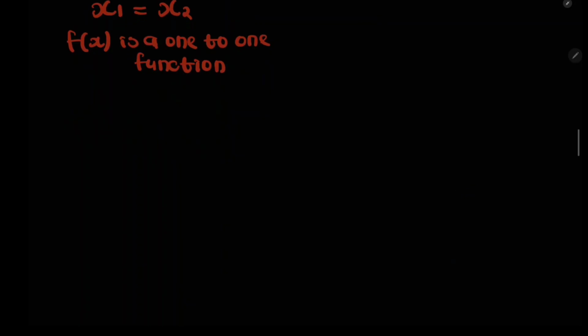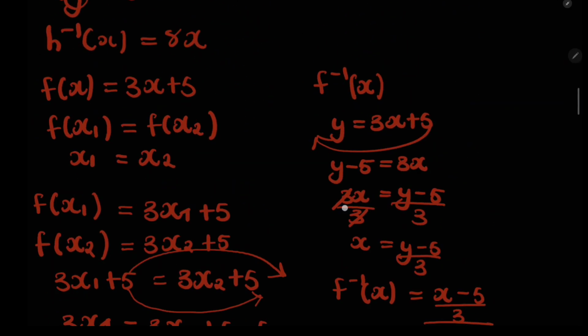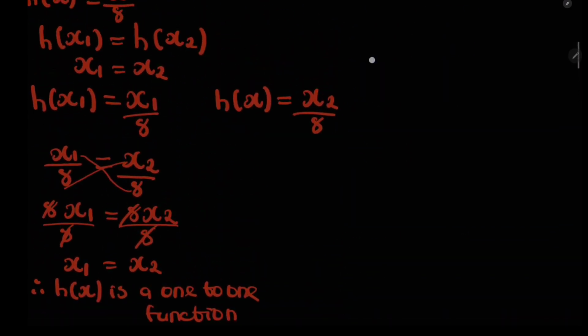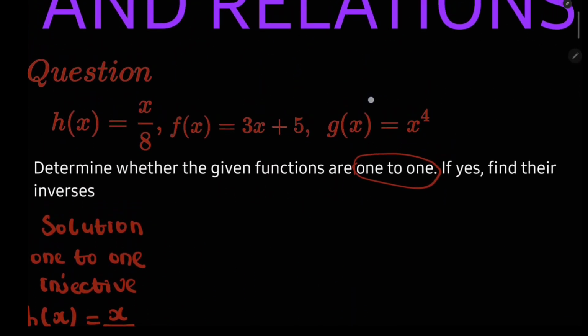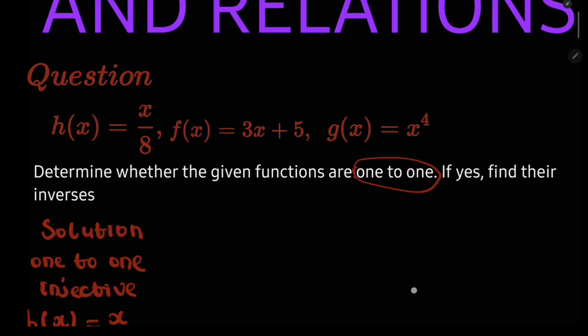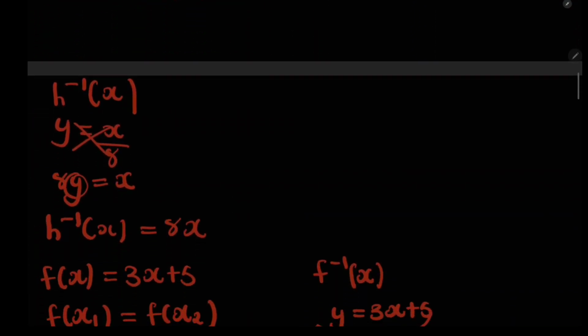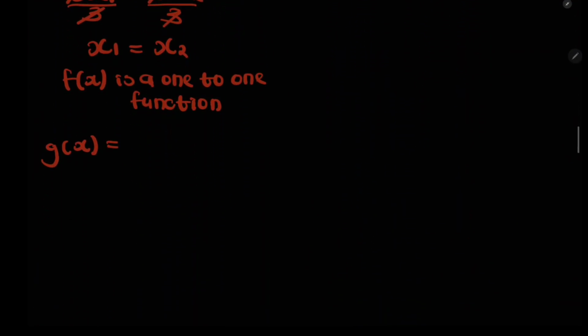Let us go to the last function, that is g of x. Remember, we had three functions. So the first was injective, the second was injective. Now let's see about the third. The third, g of x, is simply x to the 4.